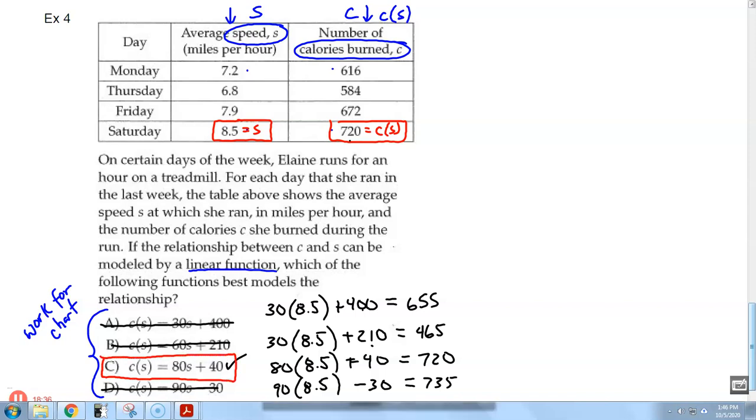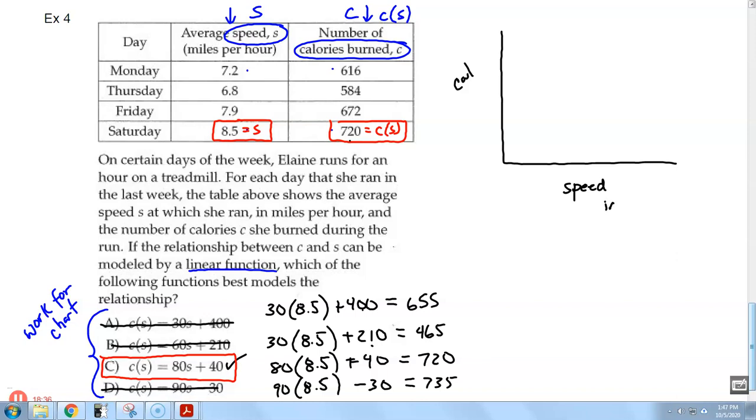Now, another way you can do this, if you view this chart as a graph, the independent variable would be speed, because whatever speed you're going determines the amount of calories. Or another way to say that is the calories depend on what speed you're running. So this down here is the independent variable. This one depends on the other one.